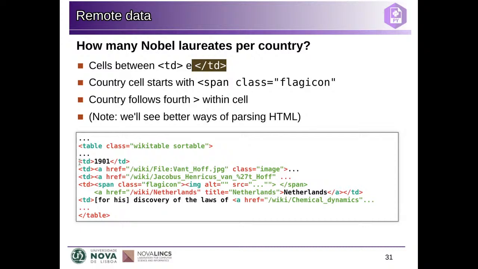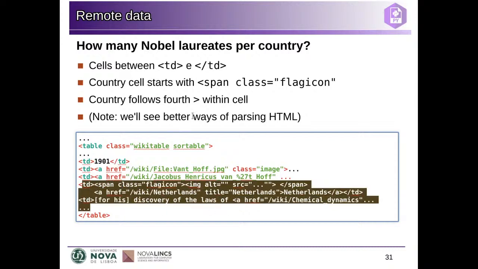So each of these tags marks the beginning of an element in HTML. In this case, it's a cell from the table. And then they have the corresponding end of the element by using this / and the same tag. So this would be a cell containing 1901. This would be a cell containing all this text and so forth.